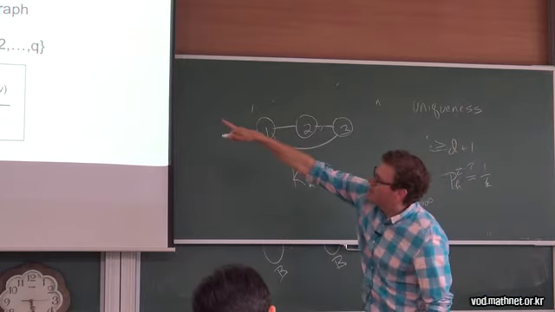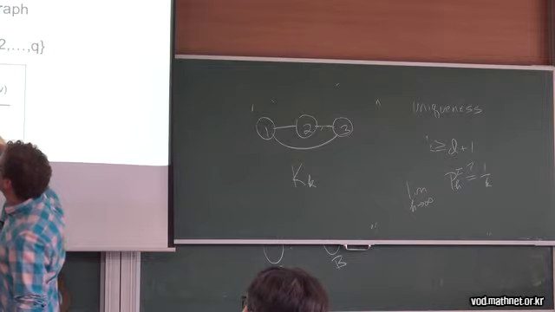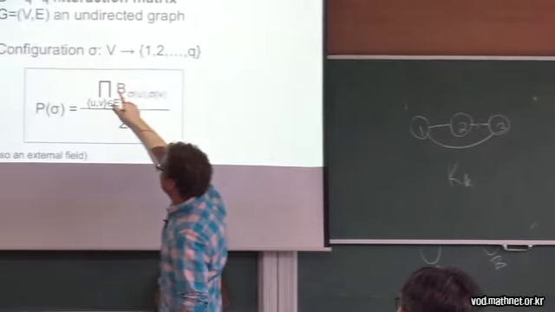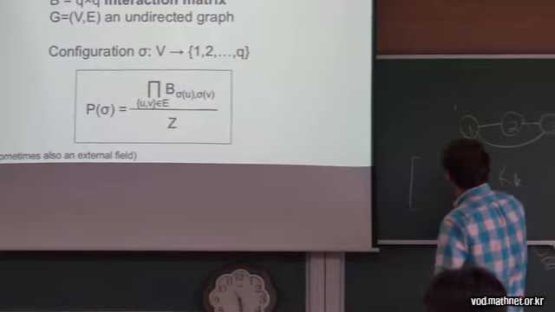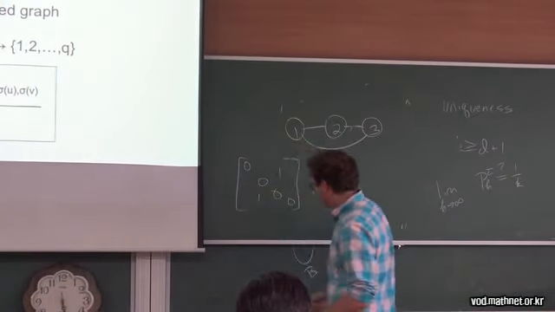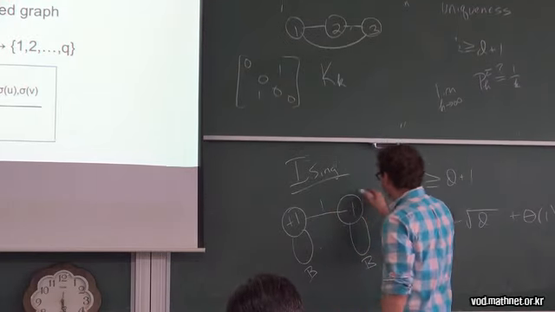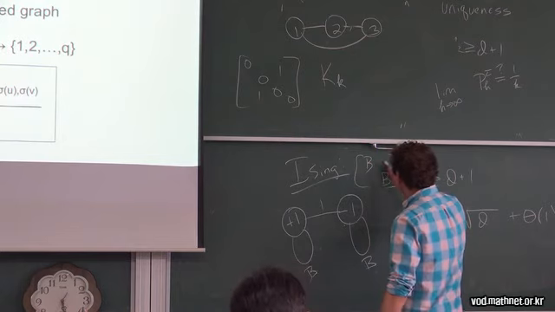In this terminology, I'm looking at B as the weighted adjacency matrix of this graph. So colorings correspond to 0s on the diagonal and 1s on the off-diagonal. The Ising model corresponds to B's on the diagonal and 1s off the diagonal.